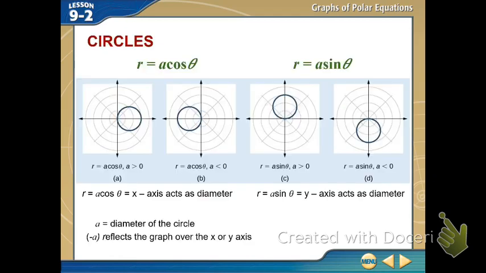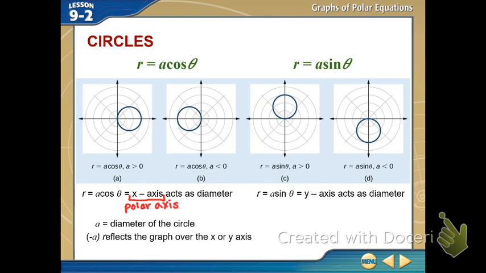Okay, next family we're going to look at are circles. So circles always look like a leading coefficient and then cosine or sine. So r equals a cosine theta or r equals a sine theta. And a couple of things to notice. When we have a cosine, we want to notice that the polar axis or x-axis is going to act as the diameter.